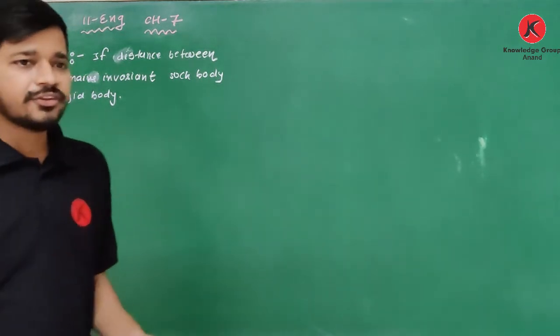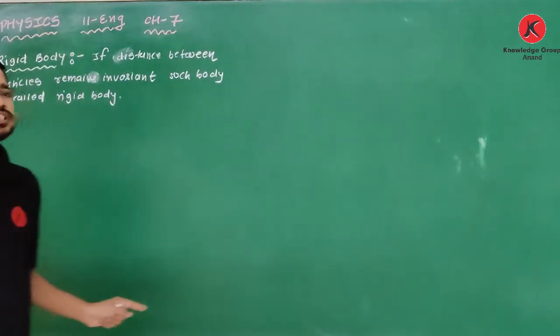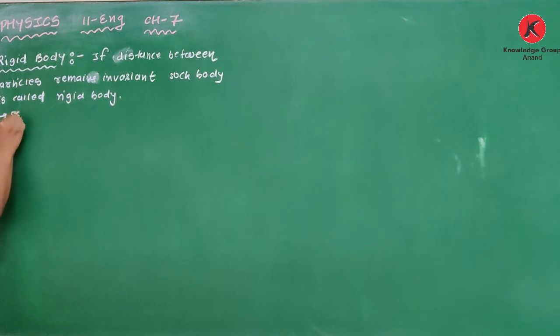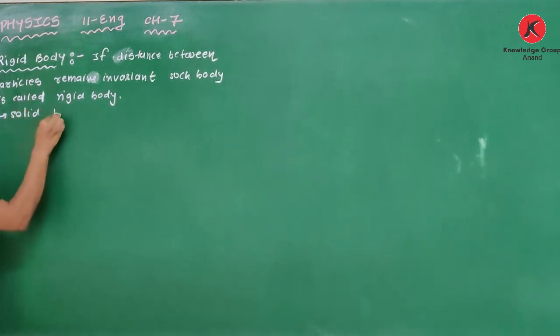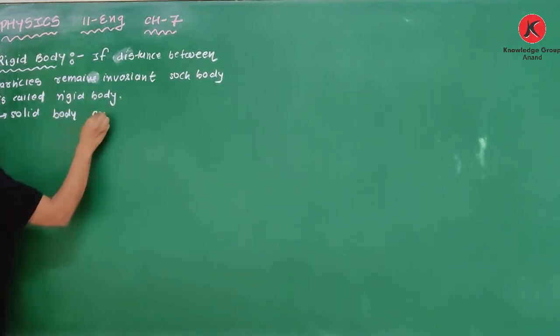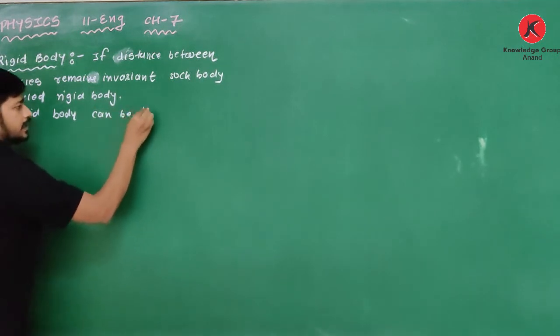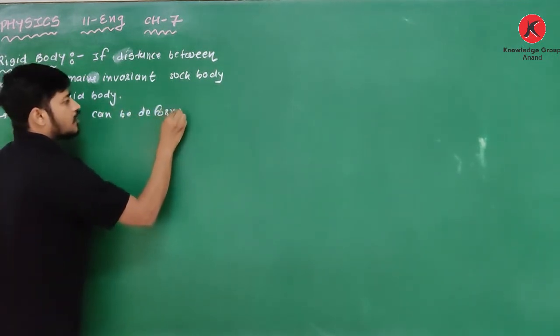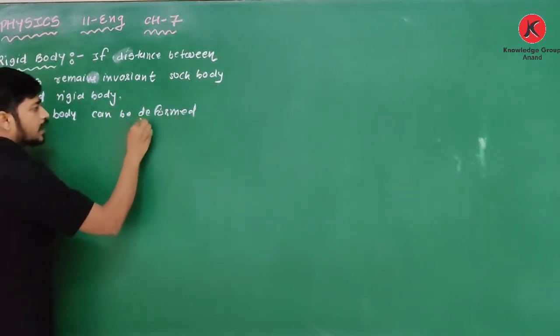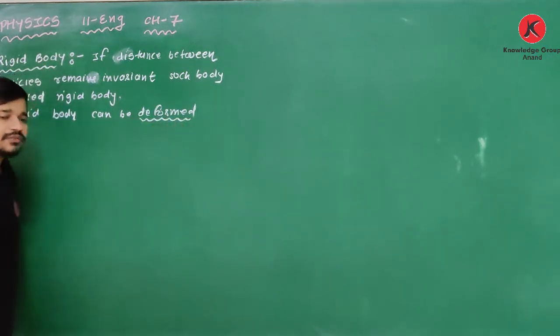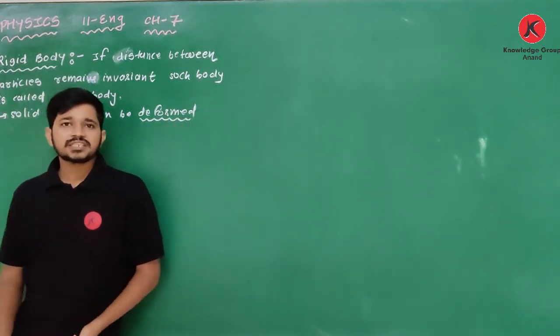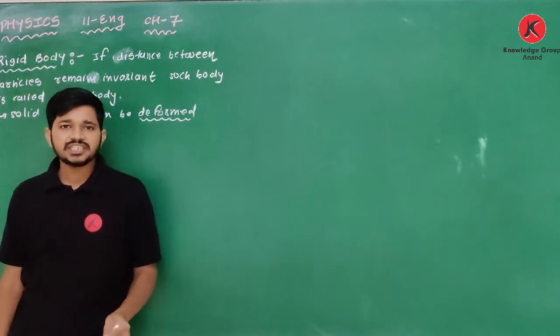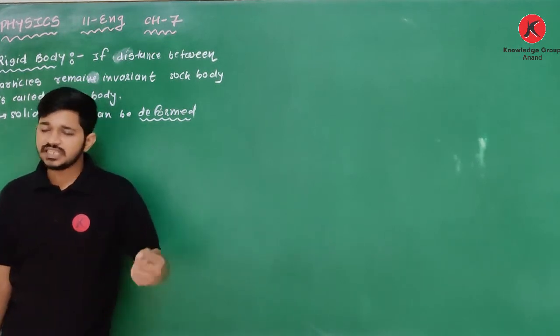Rigid body and solid body are not the same, because a solid body can be deformed. Deformed means if we apply external force, there is change in its shape, its size or its length.